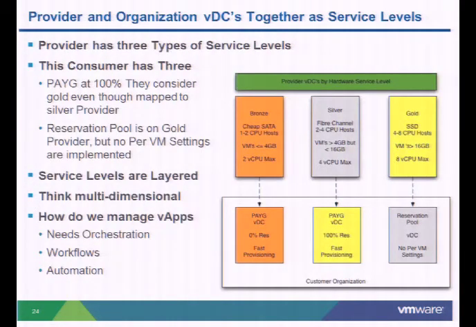So really quick, this was something we put together just to illustrate that. Originally, we talked about our gold, silver, bronze, right? And that was our provider-level services that we saw as those tiers. But a good example would be we have a consumer who only wants to pay for silver-level services, right? They don't need gold-level services, but they're willing to pay to have 100% reservation because they could actually have better performance than this customer here or this customer here where there's no reservations, right?